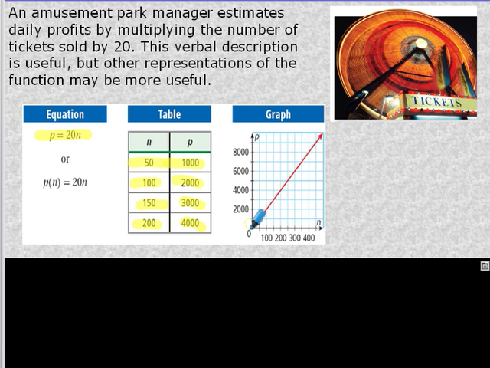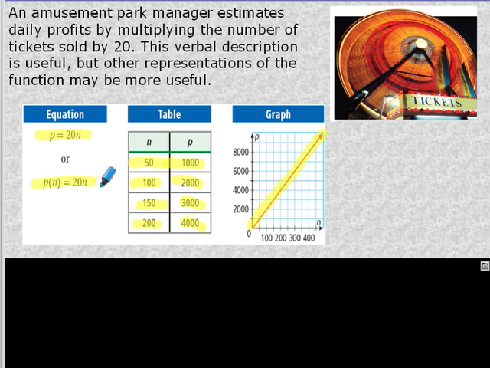And again, this is kind of like the equation, where you could potentially find any value of profit for a particular number of tickets. And the graph really is related directly to the equation because it gives you your slope and your y-intercept.